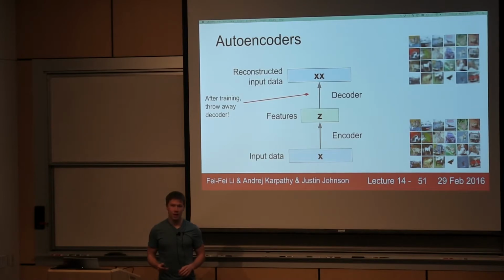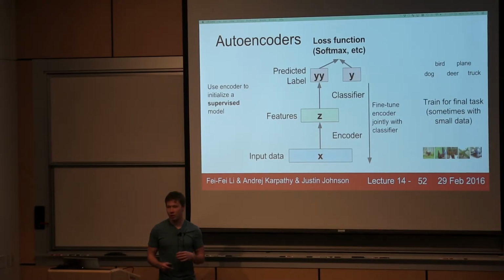So once we train this thing, then oftentimes we'll take this decoder network that we spent so much time learning, and we'll just throw it away. Which seems kind of weird, but the reason is that reconstruction on its own is not such a useful task. So instead, we want to apply these networks to some kind of actually useful task, which is probably a supervised learning task. So here the setup is that we've learned this encoder network, which hopefully from all this unsupervised data has learned to compress the data and extract some useful features.